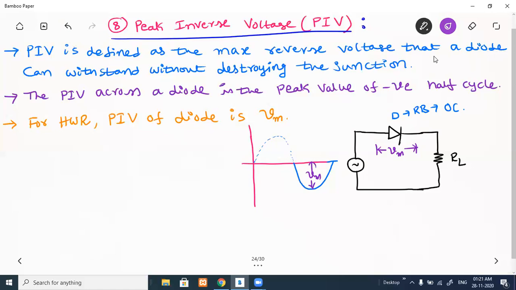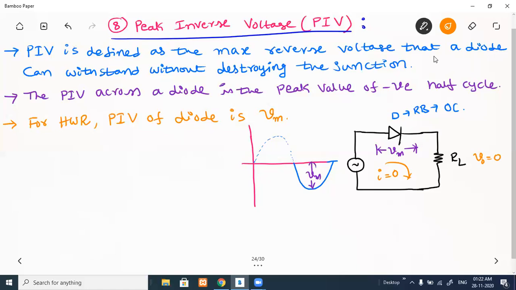So in this case, what is the current flowing through the circuit? Means the current flowing is 0. Since the input is negative half cycle, the diode is reverse biased, no current is flowing. So no voltage is dropped across the load. So all the voltage must be dropped across the reverse biased diode. So the diode must withstand this reverse voltage. That's why for half wave rectifier, the peak inverse voltage of the diode is Vm.